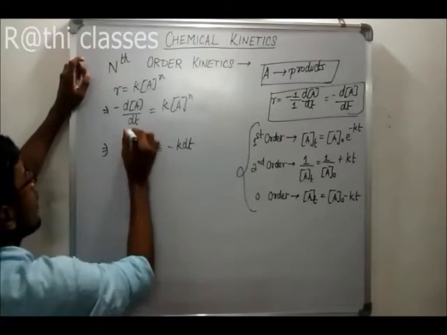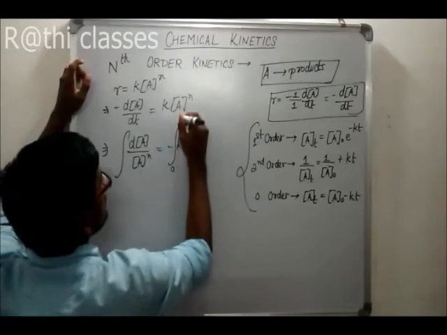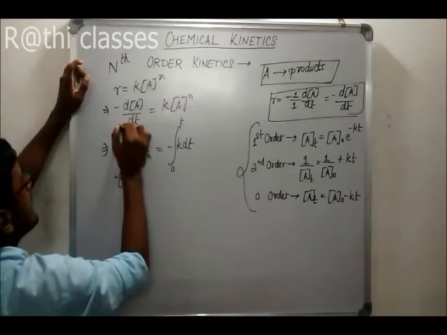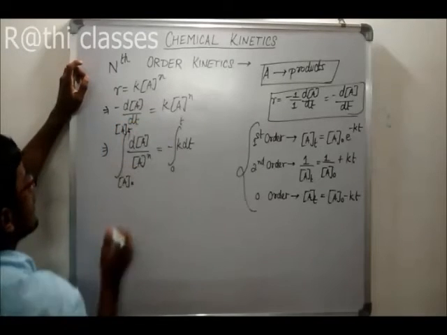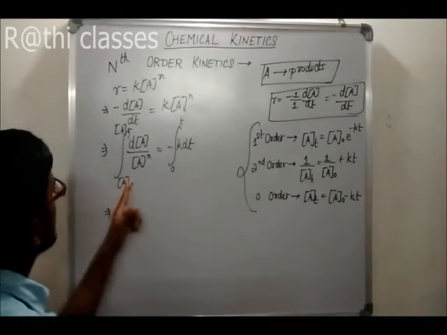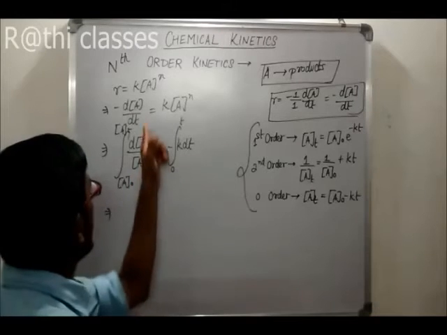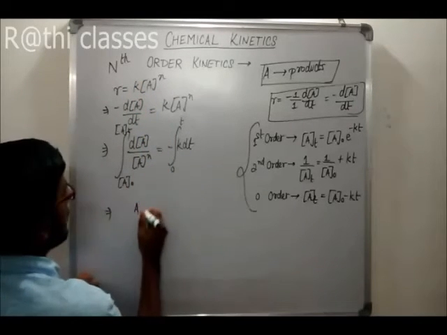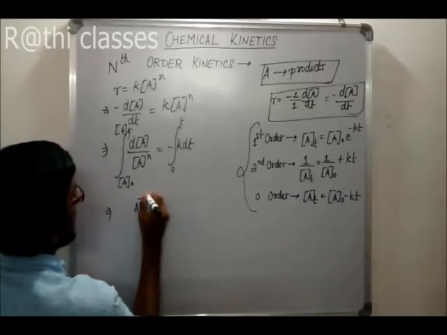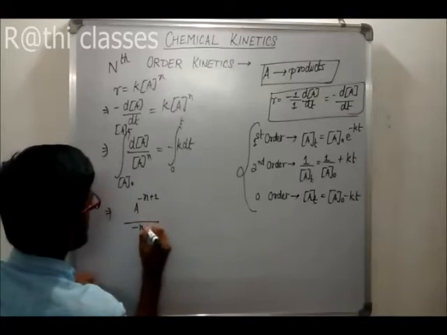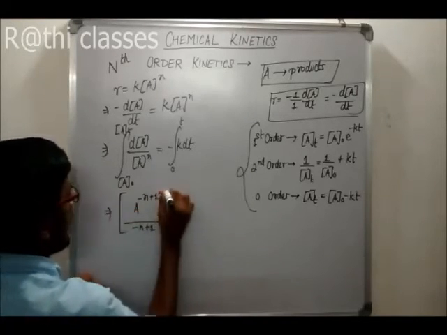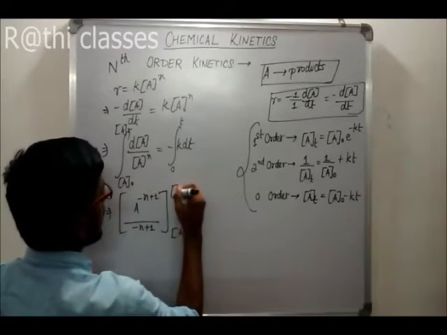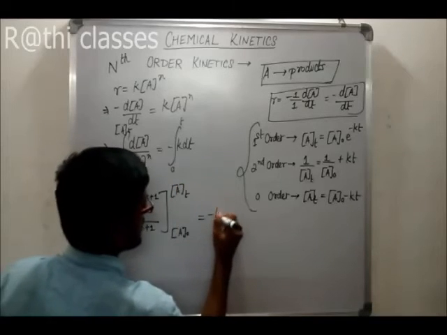Now integrating on both sides from 0 to t, from concentration A naught to At, I can write it as a to the power minus n plus 1 upon minus n plus 1, and the limit will be from A naught to At is equal to minus kt.